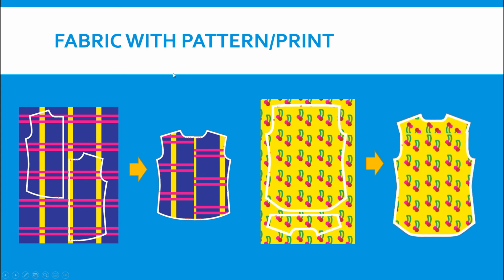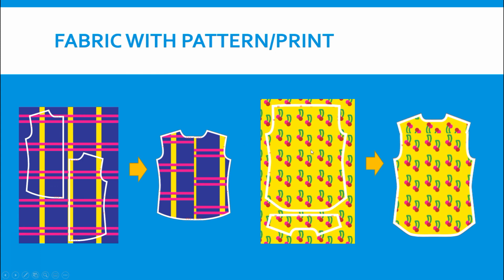And here is second example. Sometimes your pattern or prints has upside. This is the pattern with the cherries, and you can see upside and downside. And to save the material, sometimes you may rotate or flip patterns.